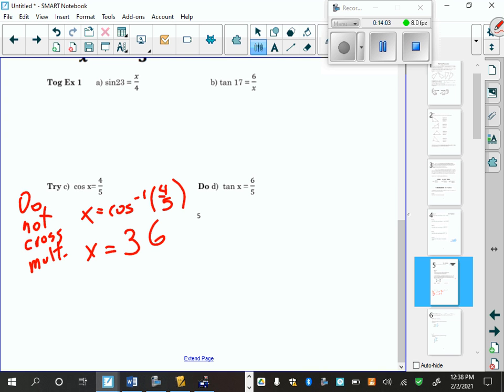Okay, I must have misheard your decimal. 36 decimal 5, 6, 7, or 8, or 9? Oh, you got 8. Okay, I thought you said 3. Yep, so 37. That number's closer to 37 than 36. Okay, now decide whether to cross multiply or inverse tan that one. Take your best guess. Try it.